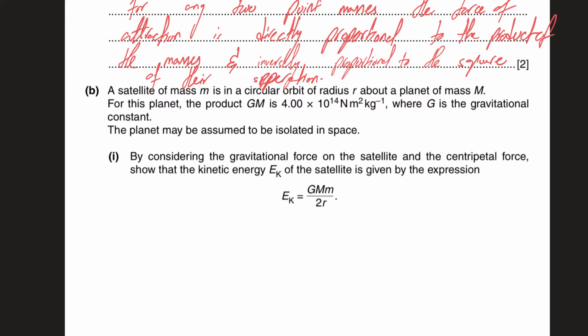This is what Newton's law of gravitation says. F equals GMm upon r squared.